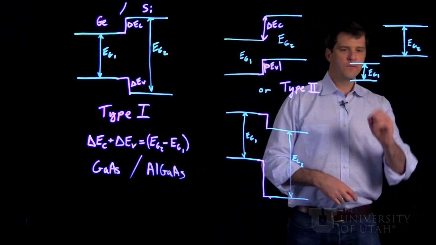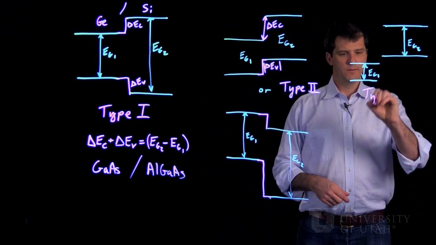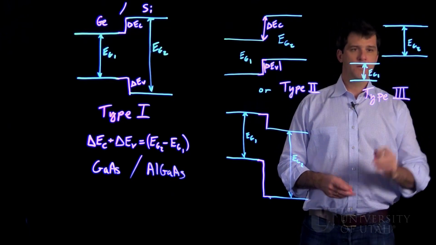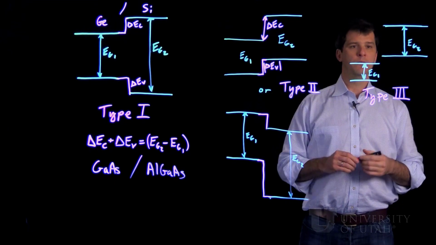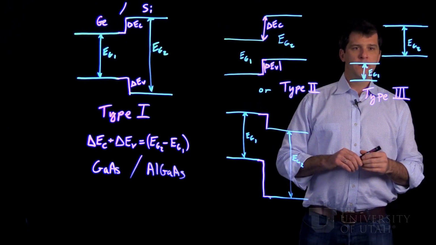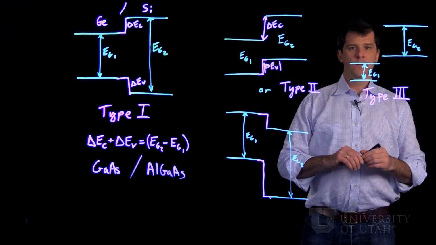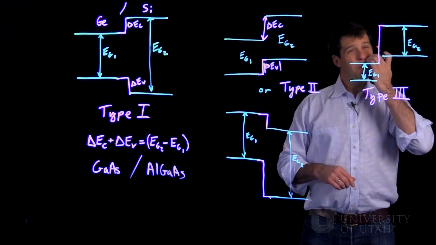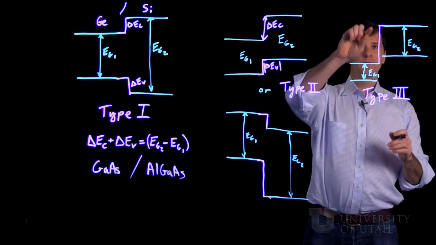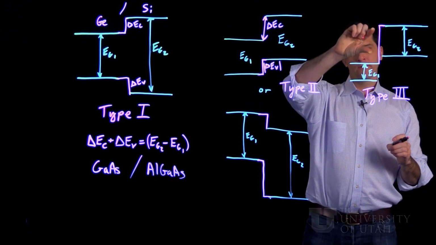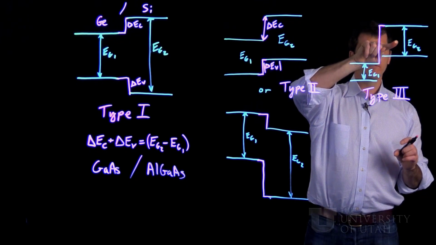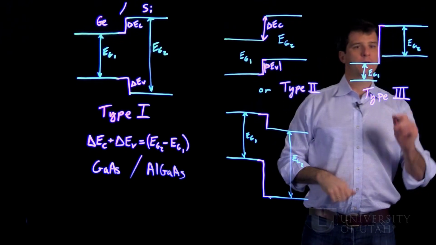The third and last case, you guessed it, it's called type 3, is the so-called broken gap case. In this case, you can imagine a very, very large delta EC. In fact, delta EC, which is bigger than the E gap of the second semiconductor.